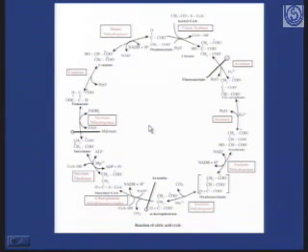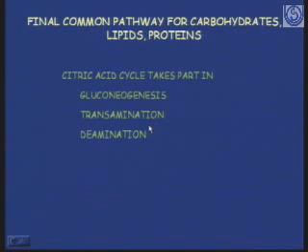Of course, we will go to that in the next few lectures, but if you see, gluconeogenesis of carbohydrate metabolism utilizes the citric acid cycle, transamination utilizes the citric acid cycle, and so does deamination. Now, let us look at the citric acid cycle so you will become more clear on what the whole process is.